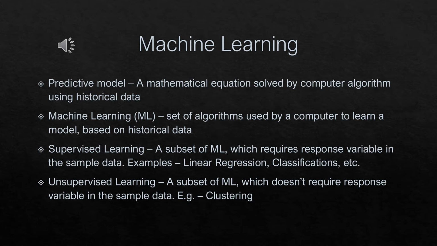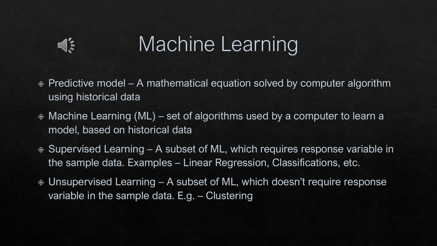Machine learning is nothing but a set of algorithms used by a computer to learn a predictive model. It uses historical data to build this model, which is nothing but a mathematical equation.